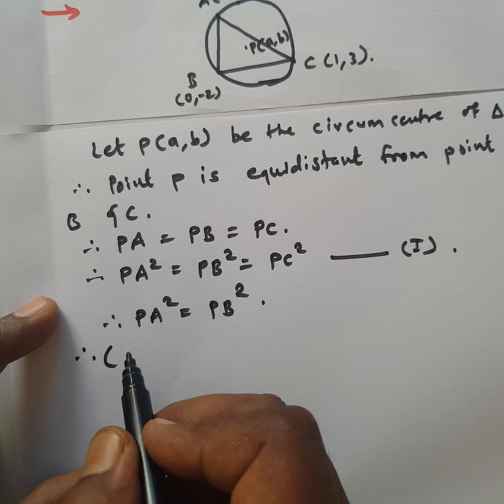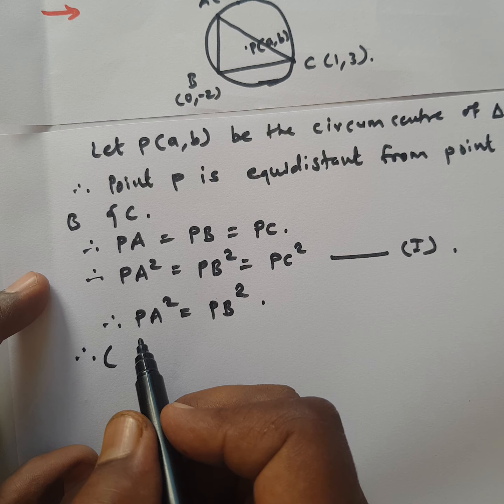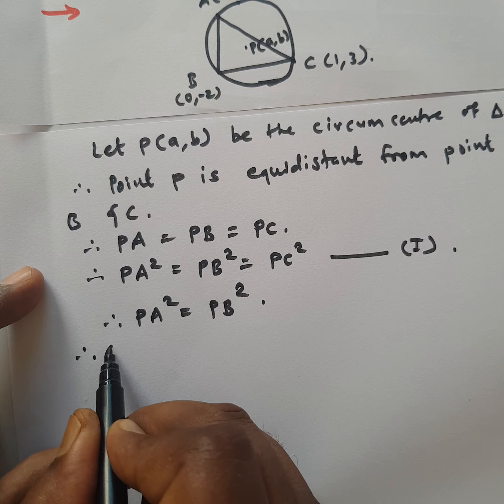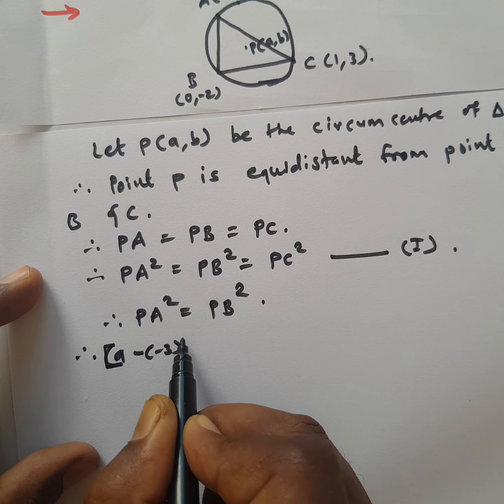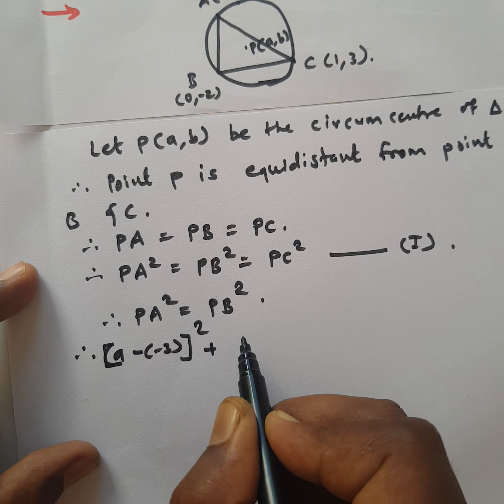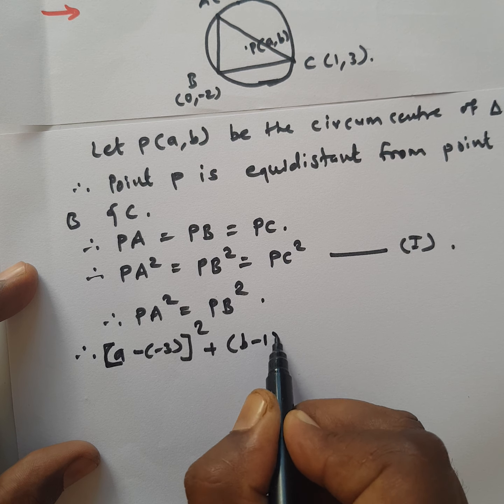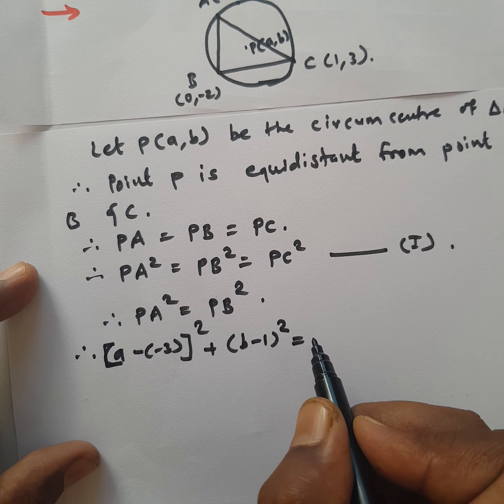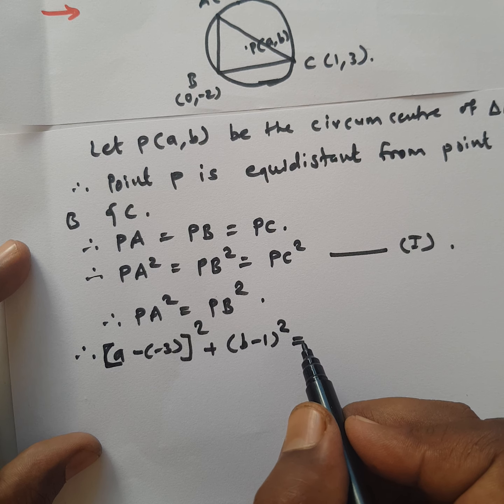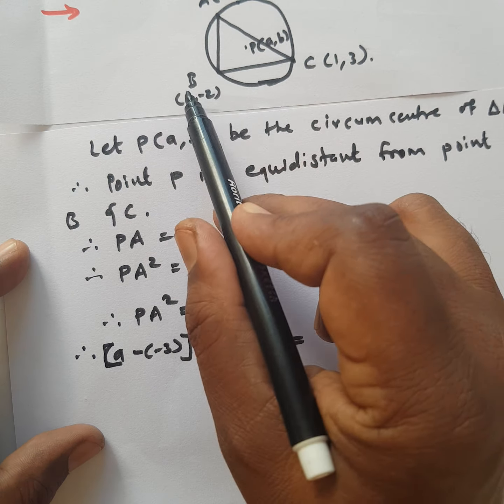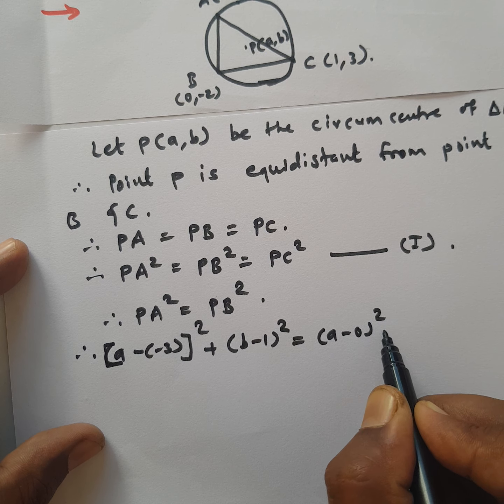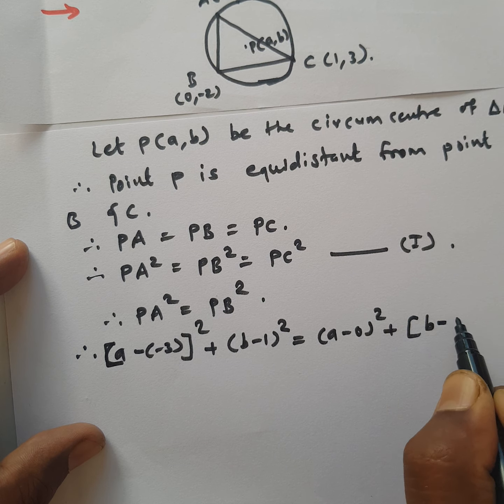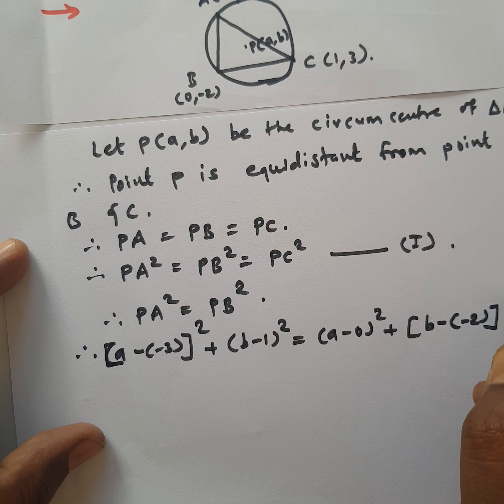Therefore, our formula is (a minus minus 3) squared plus (b minus 1) squared is equal to PB, (a minus 0) squared plus (b minus minus 2) squared.